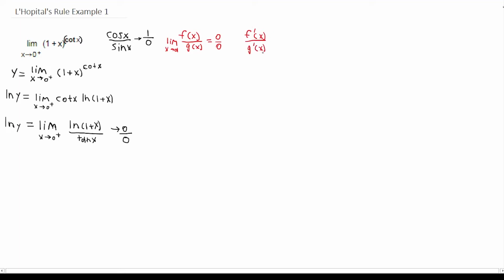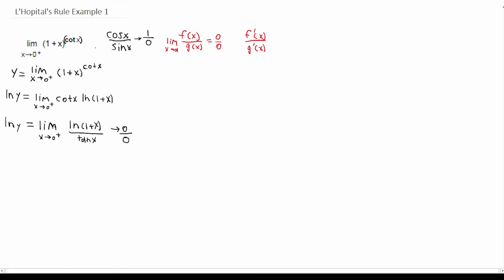What you do not want to do is use the quotient rule, because you're only taking the derivative of the numerator and the derivative of the denominator separately, as if they were their own expressions. So if we go back to the original example, we take the derivative of the top and the bottom, because we got the indeterminate form.